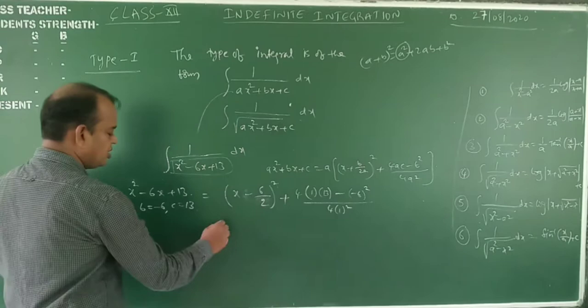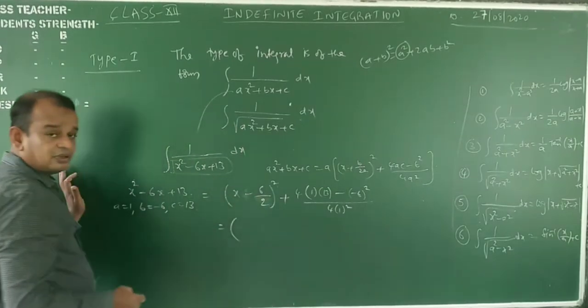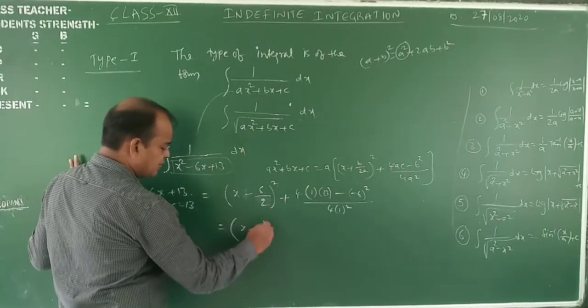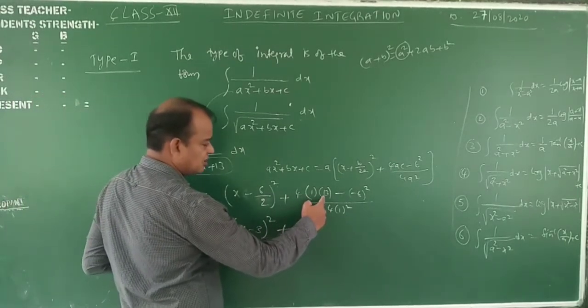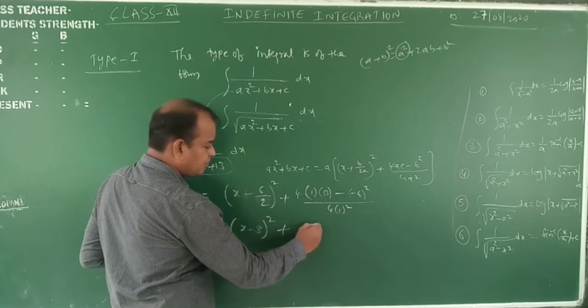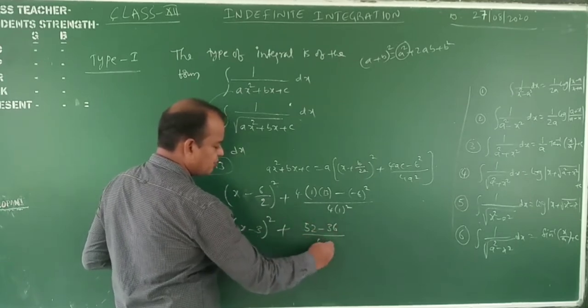The calculation part is important. This is x minus 6 by 2, that means x minus 3 whole square, plus 4 13s are 52 minus 36 by 4.